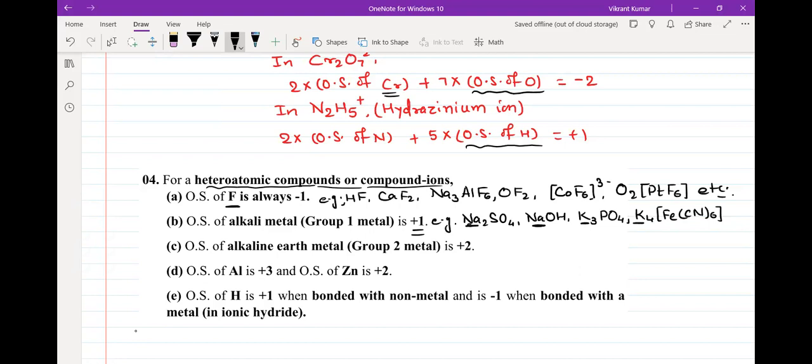Is it okay? Alkaline earth metal will have always +2. For example, if I say CaCO3 में Ca का will be +2, Mg(NO3)2, Mg का +2, okay, BeCl2, Be का +2.